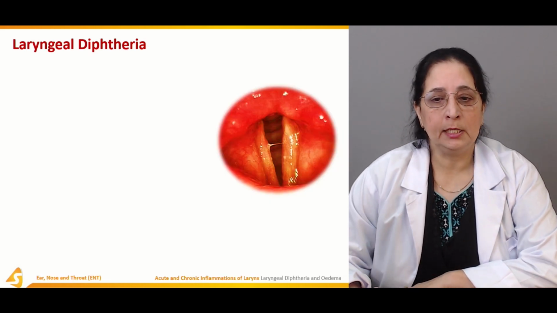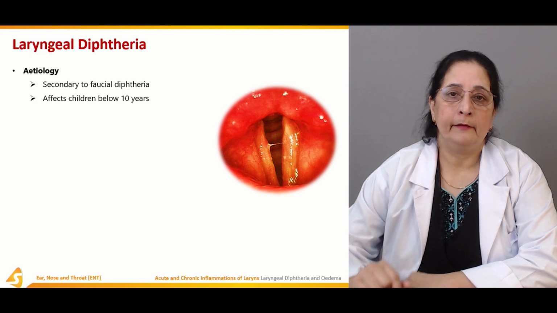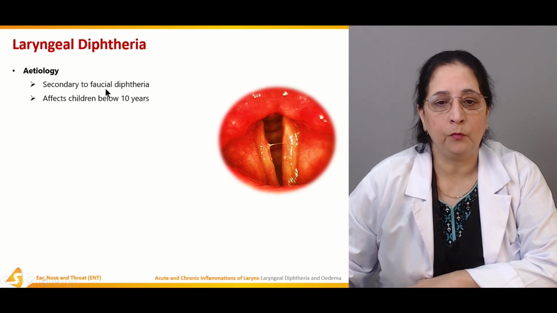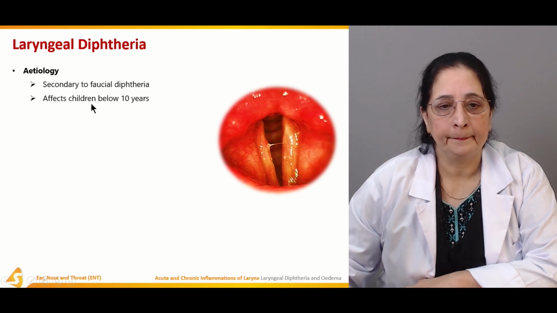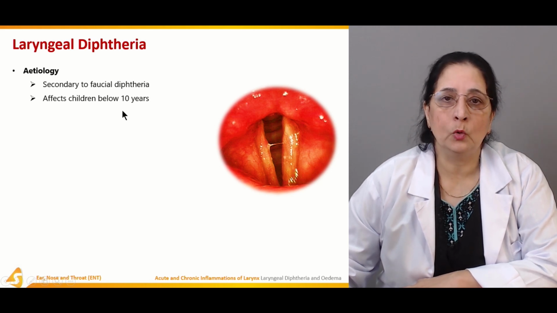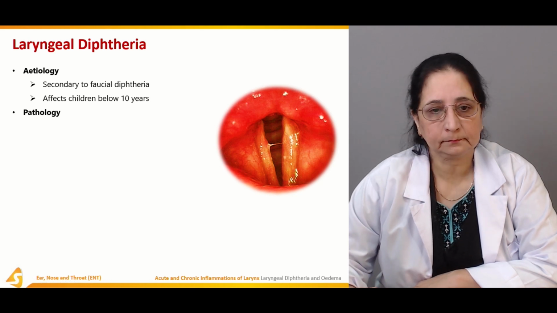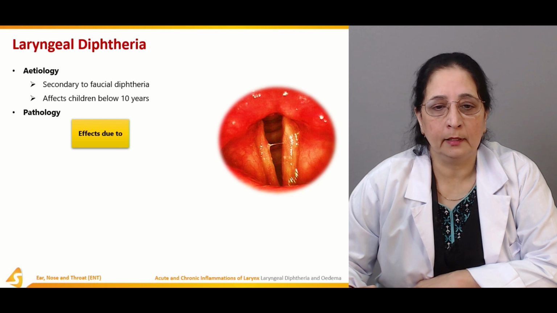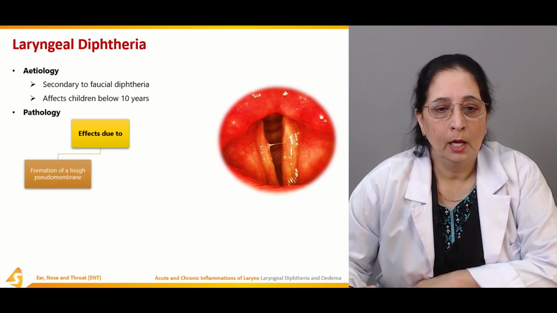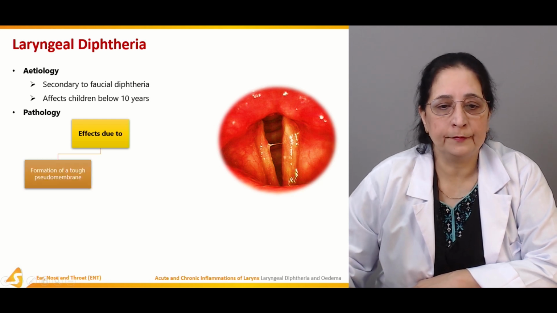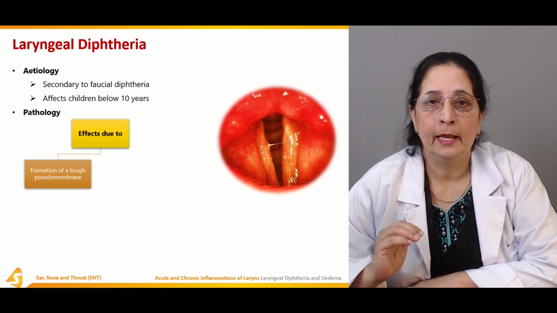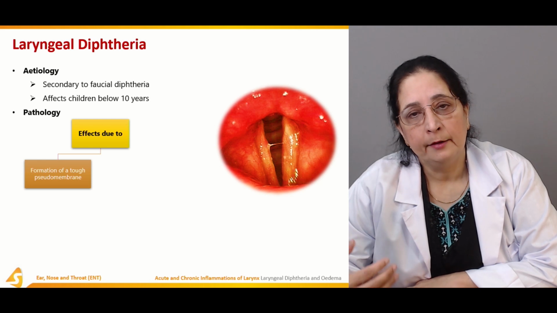So laryngeal diphtheria is usually secondary to facial diphtheria and affects children below 10 years. The pathology of laryngeal diphtheria involves the formation of a tough pseudomembrane, which produces different features.